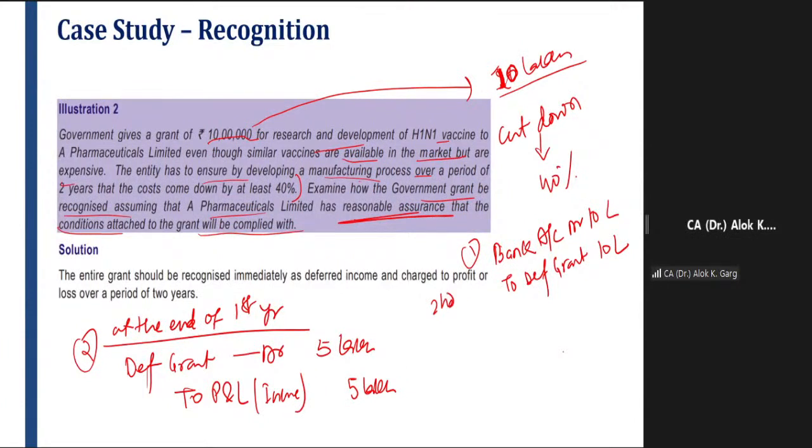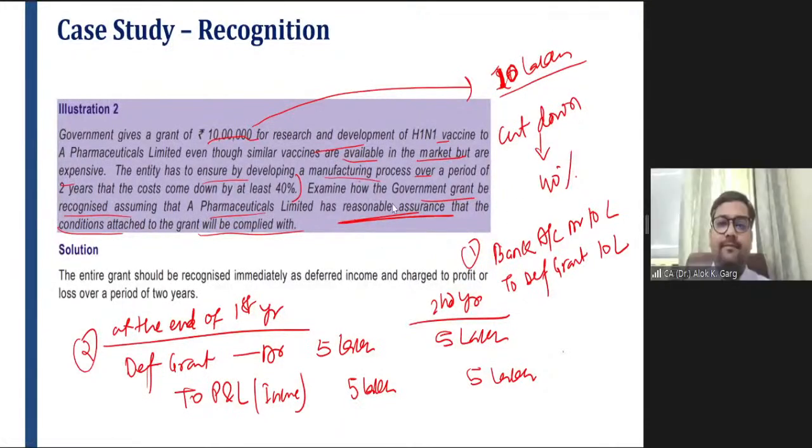At the end of second year, same entry: deferred grant debit 5 lakh, to P&L income 5 lakh. So this will be the accounting entry, guys.